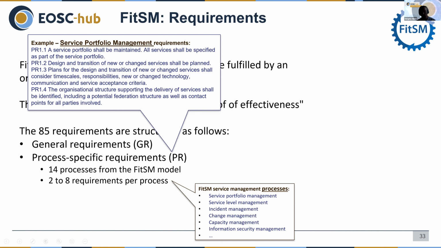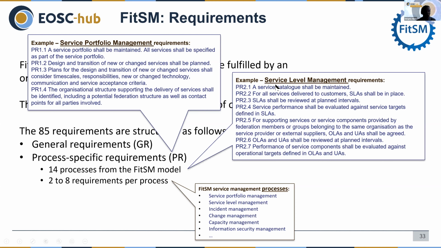It's specific to your circumstances, to your situation, and you can meet these requirements in very diverse ways. Another process that you probably need to implement first is service level management, which talks about maintenance of a service catalog.